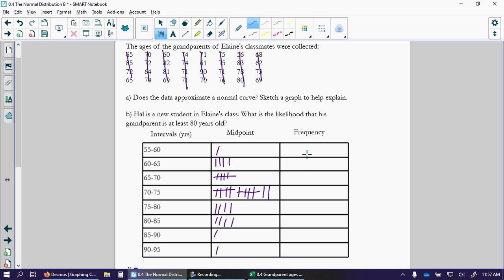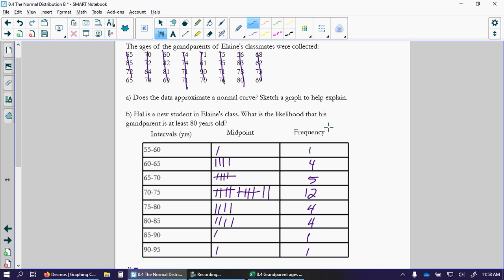Here's hoping. 1, 4, 5, 12, 4, 4, 1, 1, 5, 10, 20, 32. Yes, I got it right this time. So, does it approximate a normal curve?